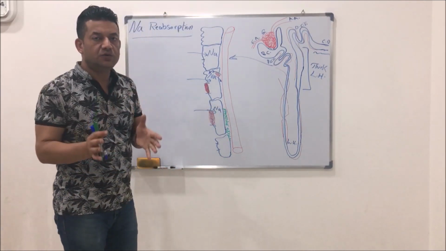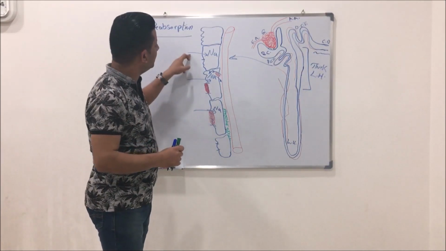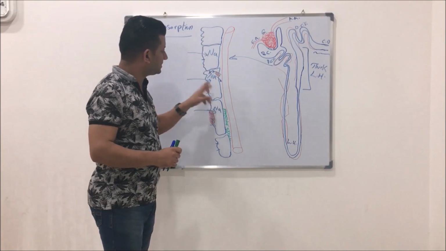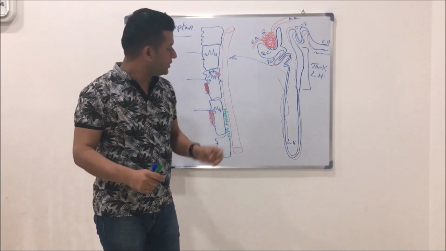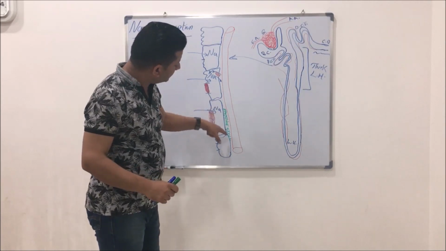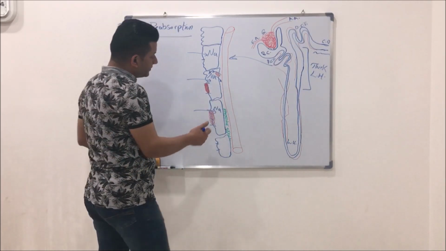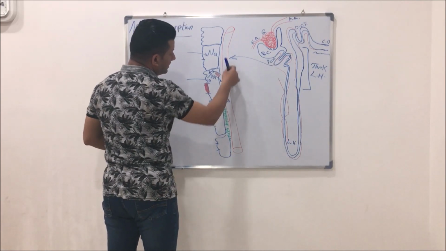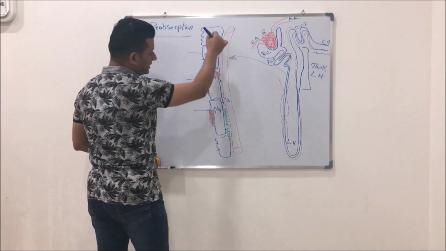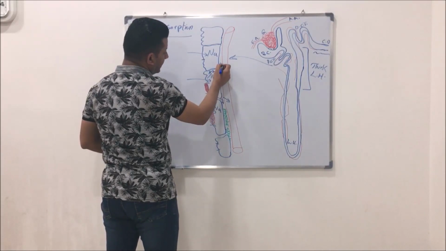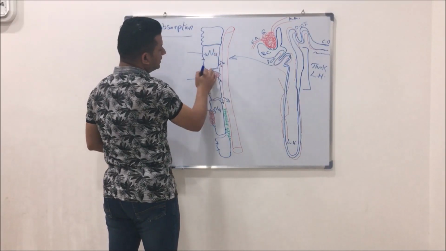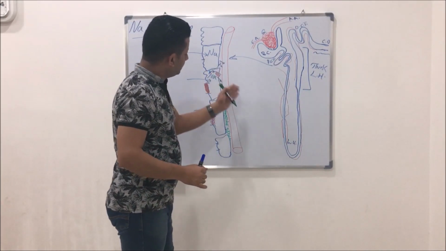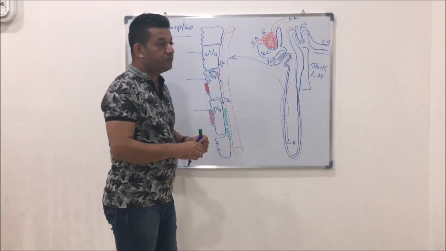So if I ask you what is the fate of the reabsorbed sodium inside the renal tubular cells, the sodium will be pumped actively to the intercellular spaces, and then sodium will diffuse to the peritubular capillaries.